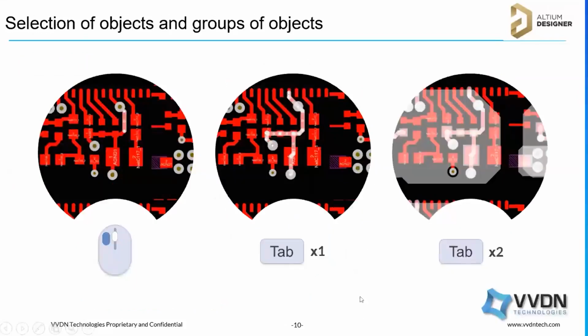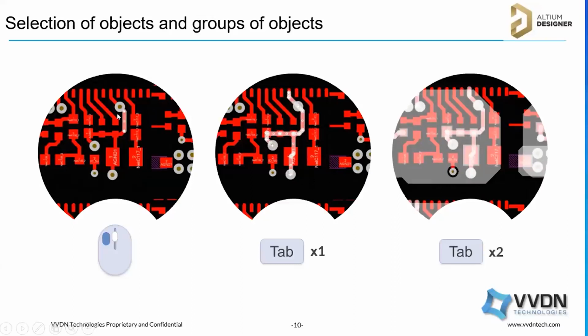And even after selecting, suppose I have selected one segment, but I want to select the complete routing. By simply pressing tab, it will select the complete routing on the single layer. Many of you may have selected by pressing shift, selecting 1, 2, 3 like that, or using the mouse selection option.